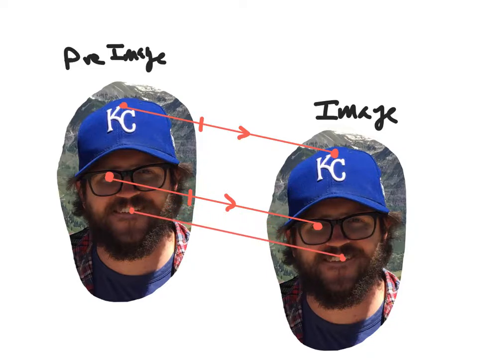So again, this line would be congruent to the others and parallel. That happens anytime you move or slide something from one pre-image to the image.